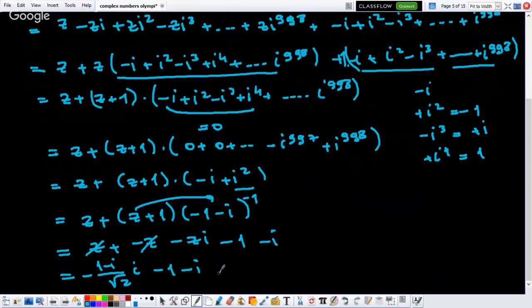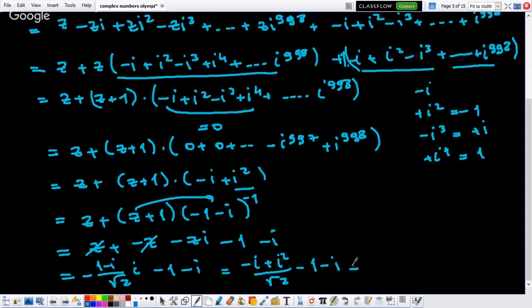So the result here is going to be like this. If I multiply this one by i, it's going to be minus i plus i squared all over root 2, and minus 1 minus i.